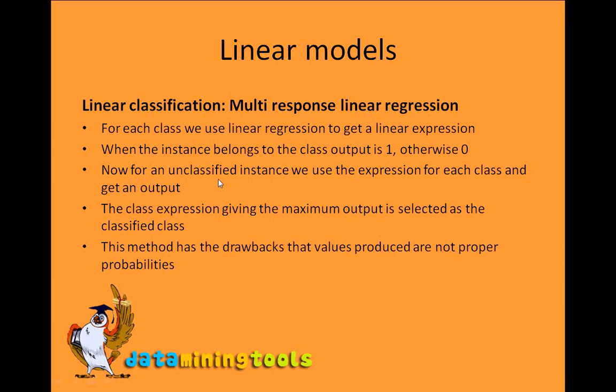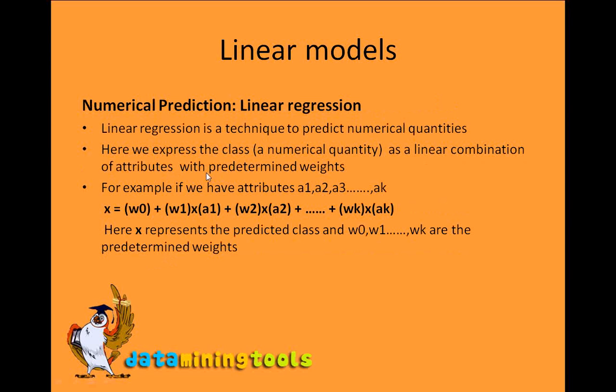Let's come back to the equation. We have this equation which we use for prediction. We'll be using the same equation for classification as well. What we do is take each class turn by turn, and we consider all instances for that class.